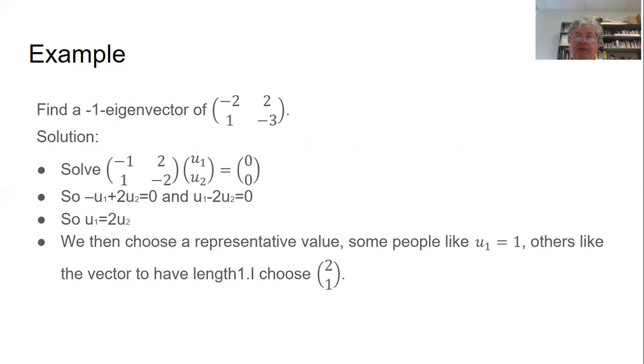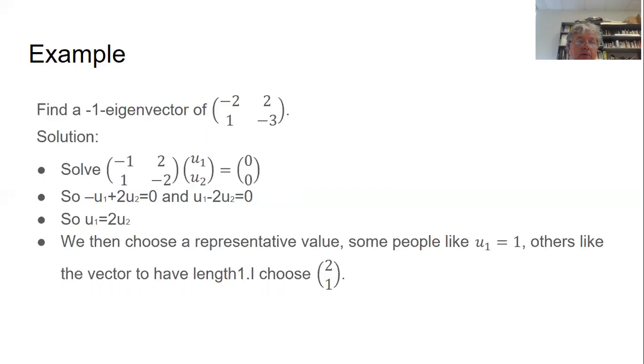Okay, so let's go back to our example. Minus 1 was an eigenvalue, so we subtract minus 1 from the main diagonal of our matrix. And so straight away you can see that that indeed has determinant 0, because one row is the negative of the other row.